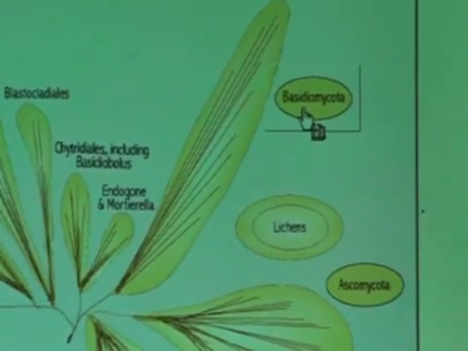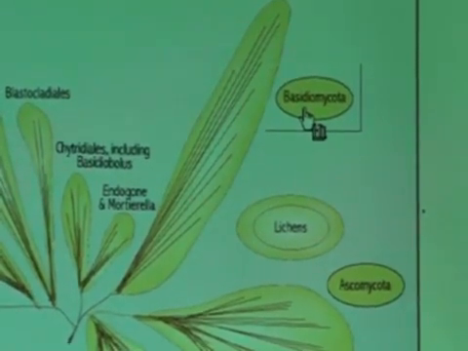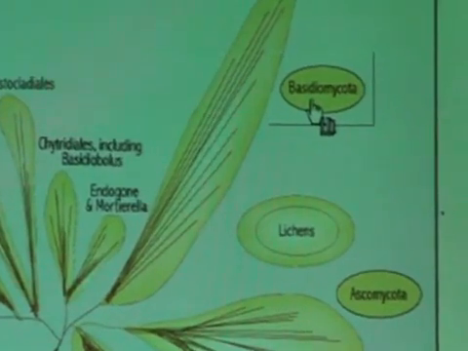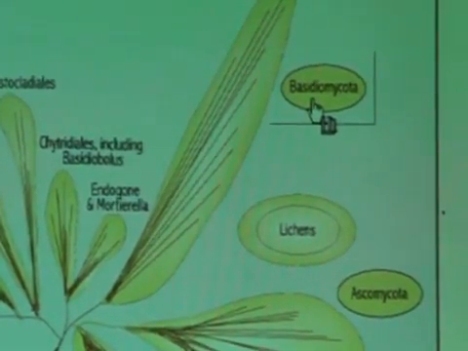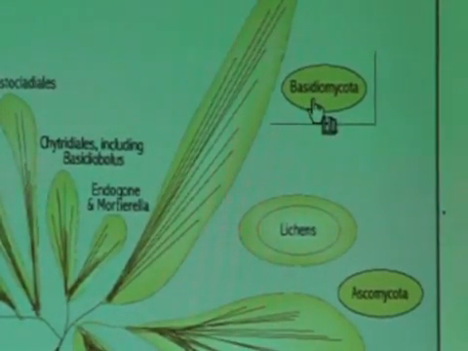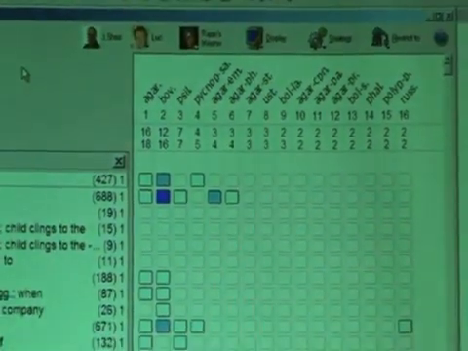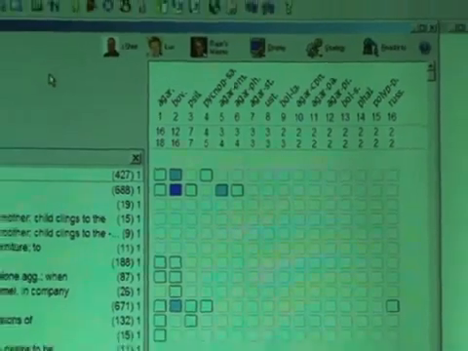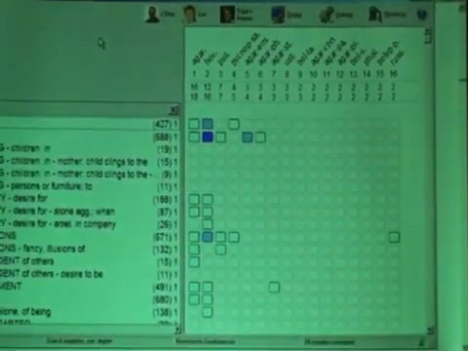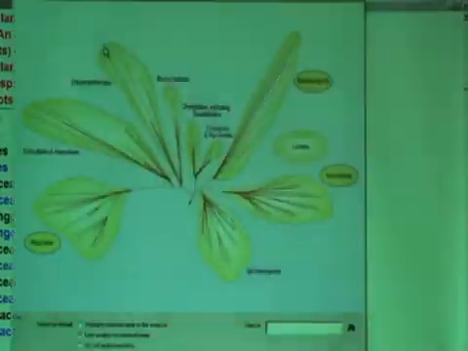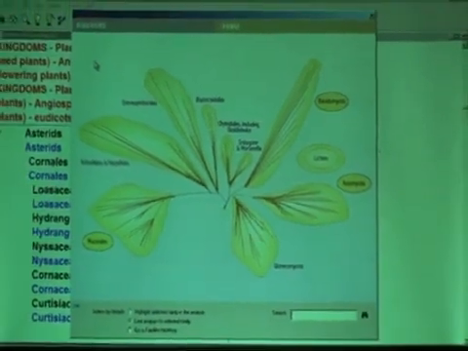If I click on that particular grouping, it's going to limit my repertorization to just the members of that particular taxonomical family. I click, and now I can see that my repertorization has been limited to the members of that grouping. If I hit the backspace key again, it brings me back to my fungi graph.